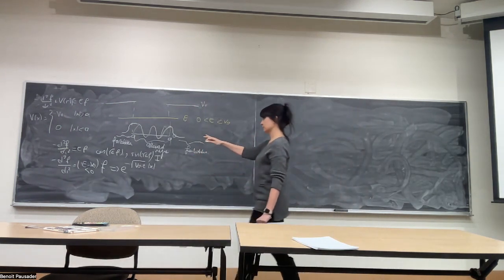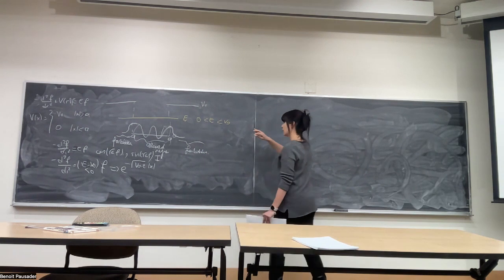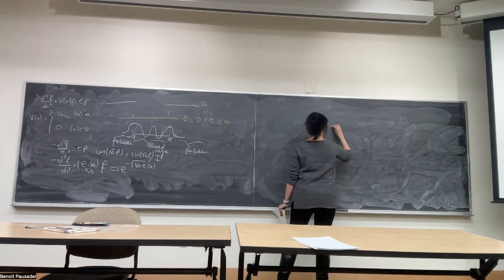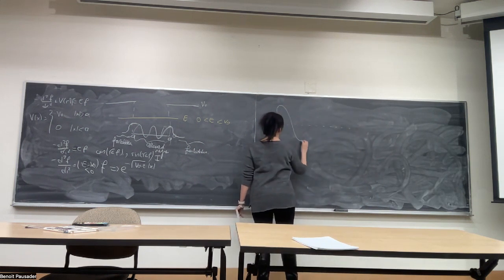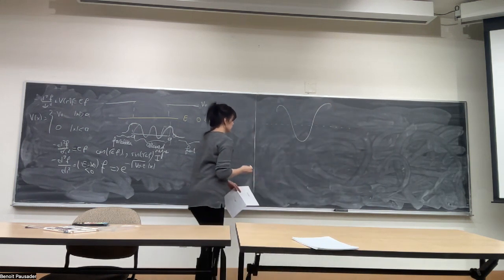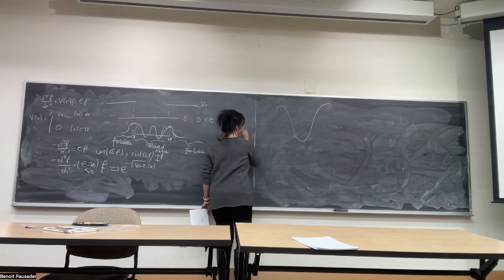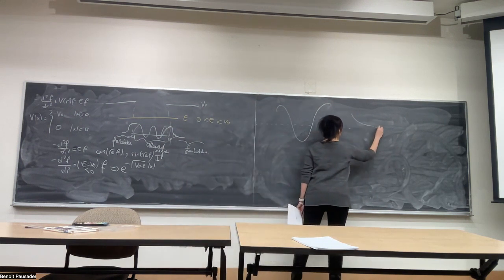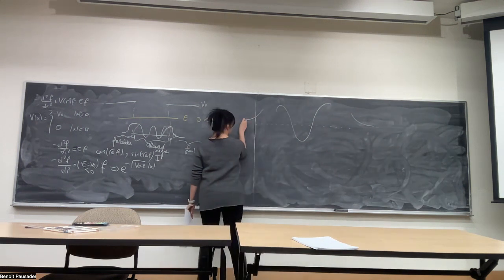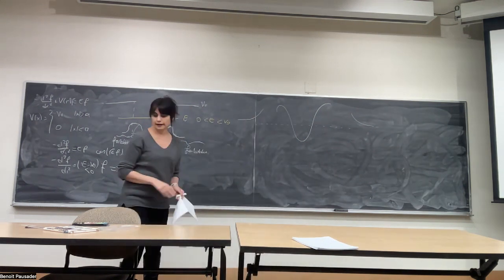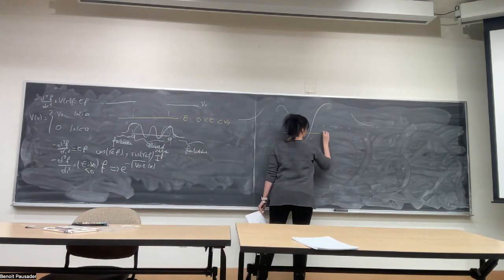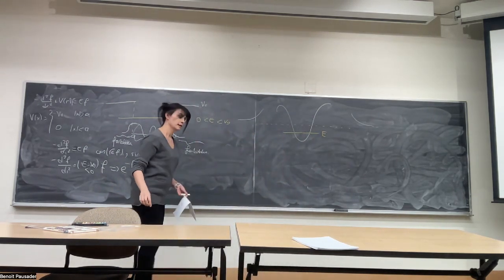So this is the basic picture, and a little bit more complicated version is going to be something like this. I'm going to have some sort of a valley here, and I expect my potential to stabilize at infinity. And I look at the energy somewhere here.